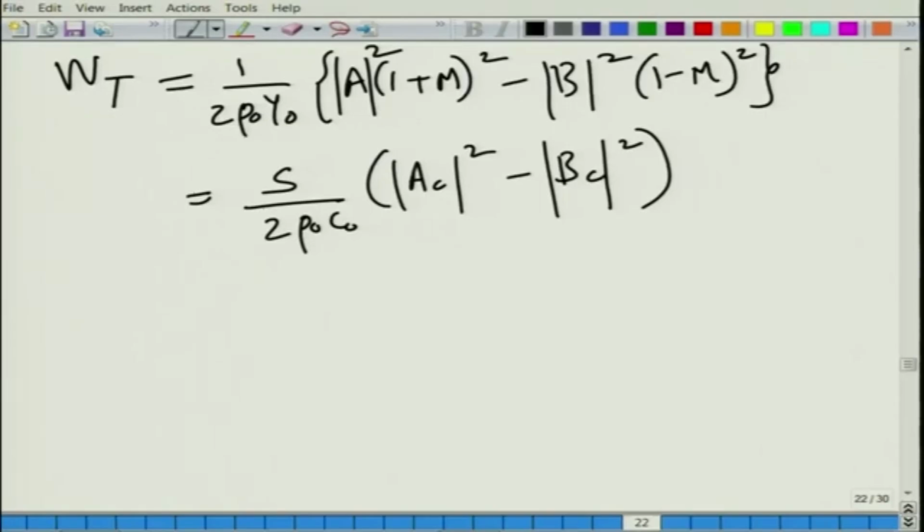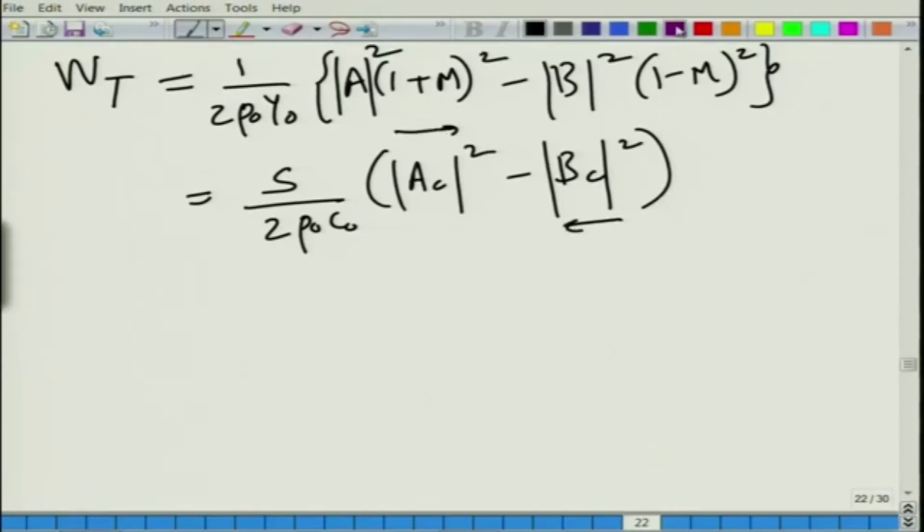This WT is the total acoustic power that escapes from the pipe in the presence of flow, and there is much more to it than what meets the eye in this expression. A into 1 plus m, B into 1 minus m, all these things basically tell you the sum total.